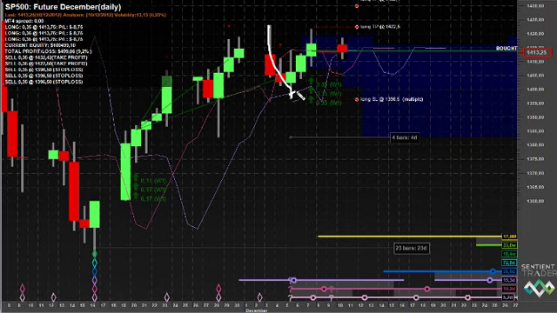Instead of tracking along that FLD, it bounced up off the FLD, and so as it came down to the FLD, that's a B category interaction. As it bounced up again, that is a C category interaction.